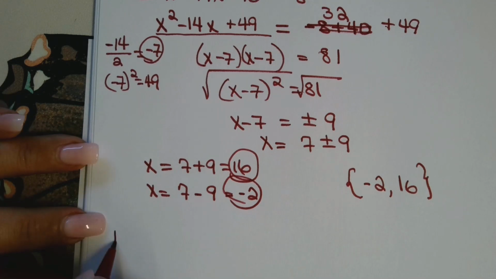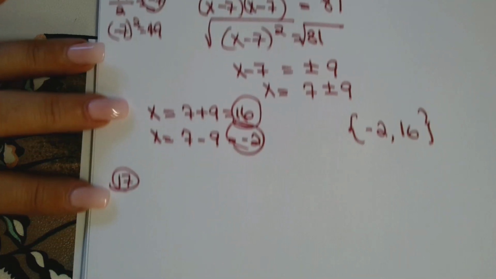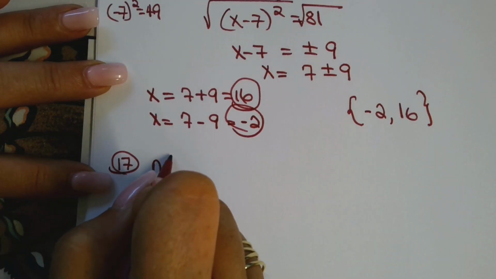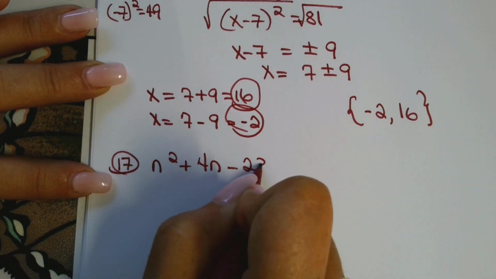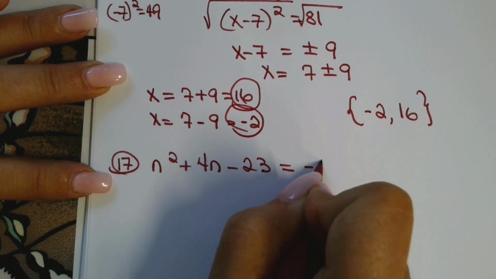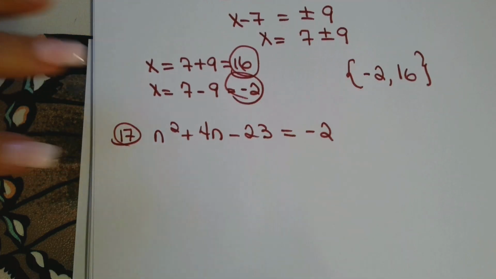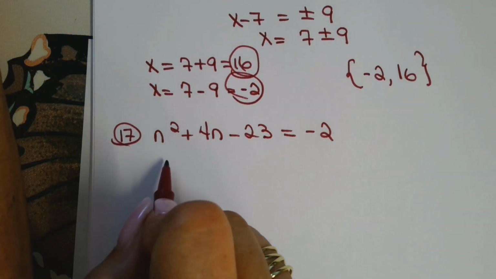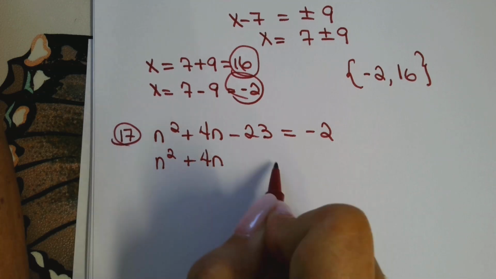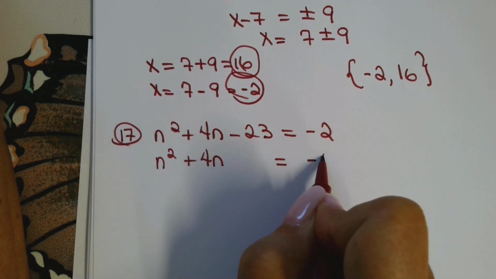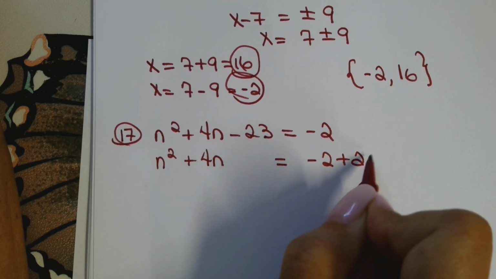Number 17, we have n squared plus 4n minus 23 equals -2. We're going to move our constants to the right. So this is n squared plus 4n equals -2 plus 23.